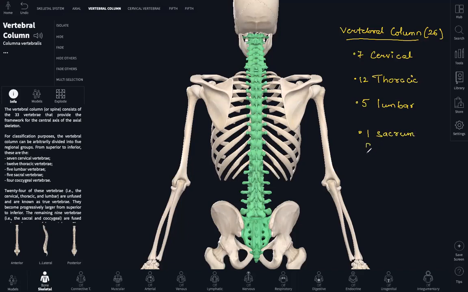This one sacrum is actually formed by fusion of 5 bones. So in infants rather, not children, in infants, there are 5 separate bones in the sacral region, but in adults it fuses to form a single sacrum. And there is a single coccyx, which is actually 4 different bones in infants.